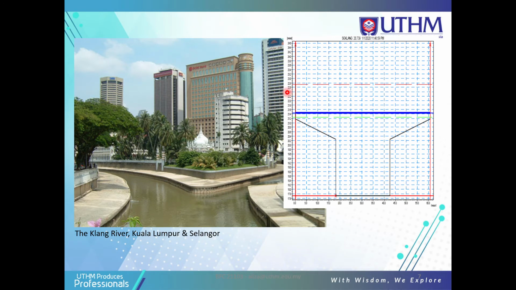Also, our Klang River in KL and Selangor is actually a natural channel, but when we built buildings near this river, they used a concrete channel for the Klang River. The river has a trapezoidal section and also a rectangular section here.